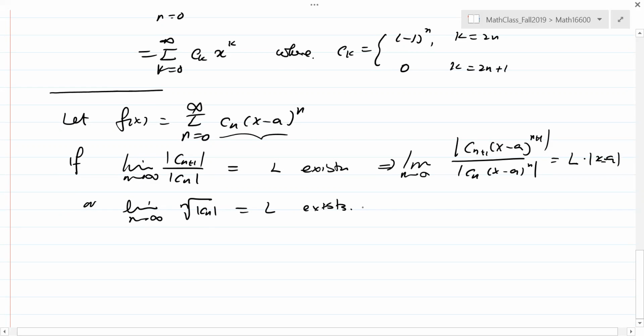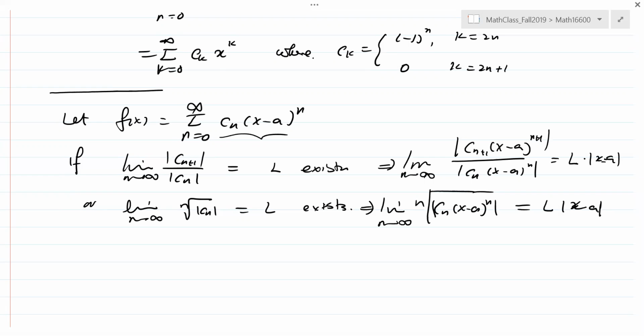Okay, and this also implies the absolute ratio equals L times absolute value of x minus a. Then you can tell when it's convergent, when it's divergent. Then you can say that the series is convergent, the power series, okay, not just a series.